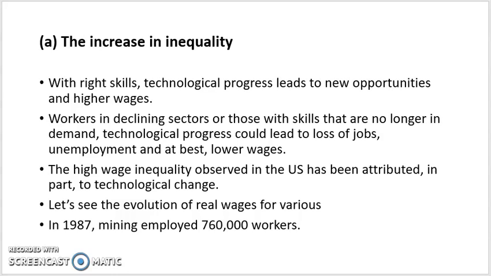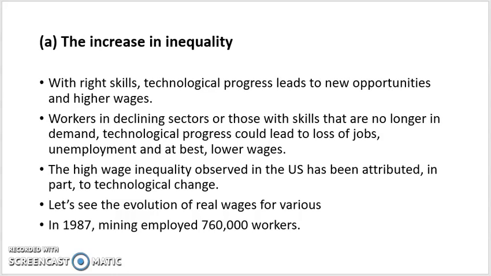But for those in declining sectors or those with skills that are no longer in demand, technological progress can mean the loss of their jobs. They will go through a period of unemployment and possibly much lower wages.